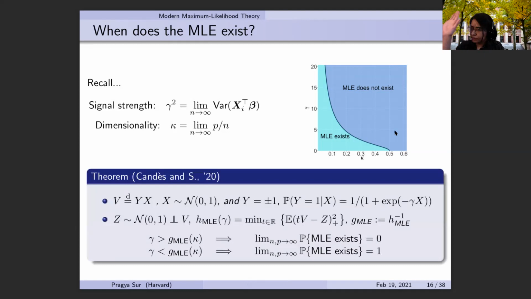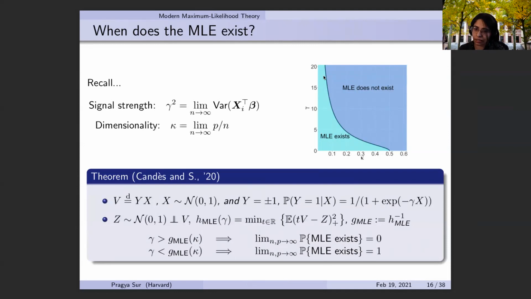So this can be formalized. We have an explicit formula for this curve, but I prefer not to spend too much time on the exact formula. If there are questions, I can always come back to it. But just know that this is a 0-1 phase transition. Below, the MLE will always exist under the asymptotics I have here, and above it will never exist.